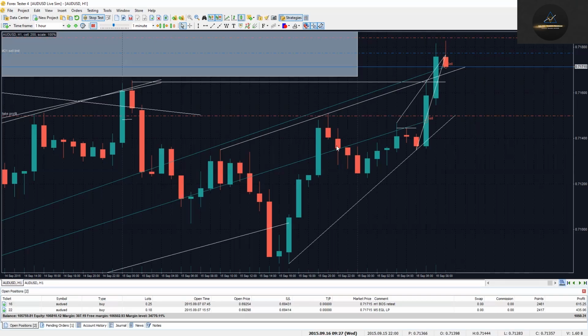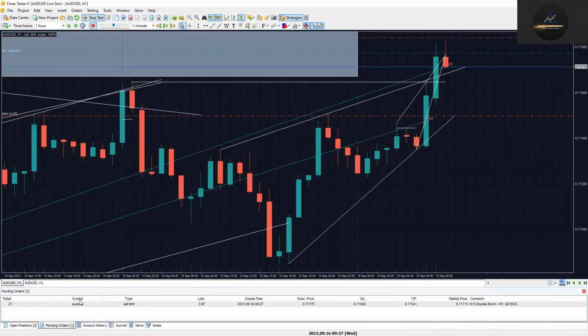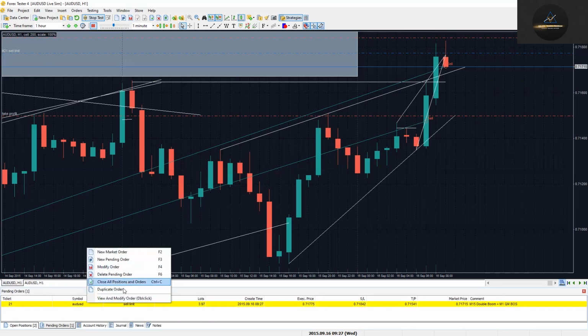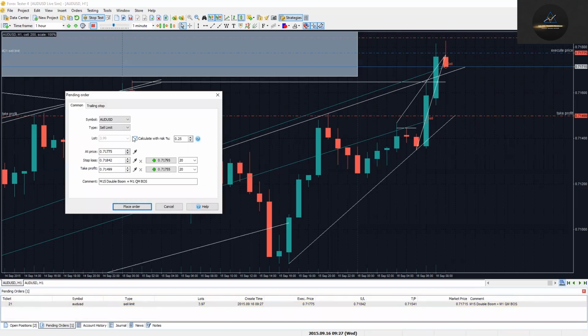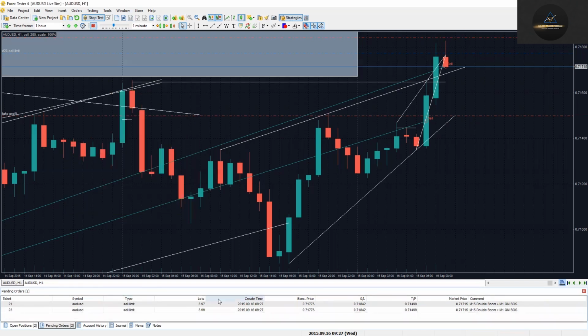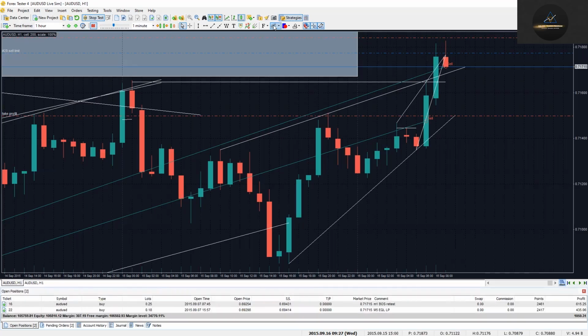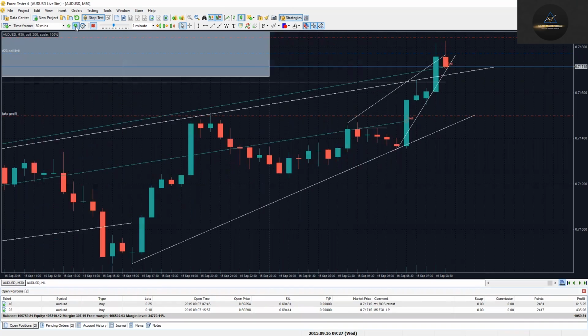I'll trade TP2 manually, and set the second order. I'm going to go to pending orders, right click, duplicate order, and then I've got half a percent of risk. We've got 2 orders there now, 0.5% each, totaling about 8 lots.